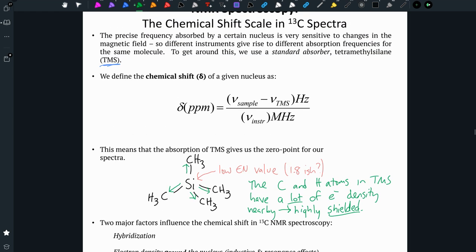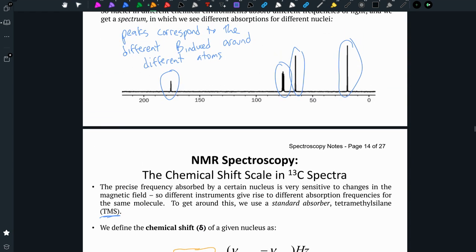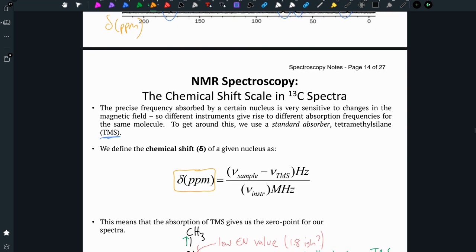And essentially what this equation up here says is we're going to define our value of chemical shift. This is what goes on the x-axis. So this x-axis is chemical shift in parts per million.